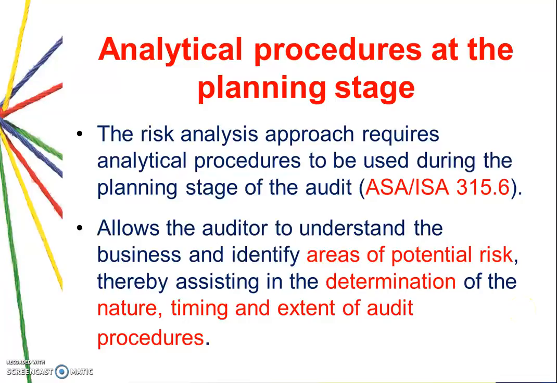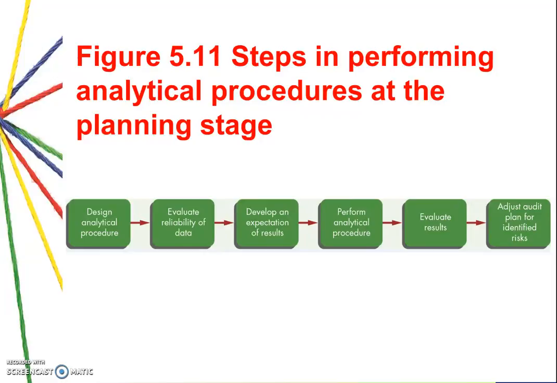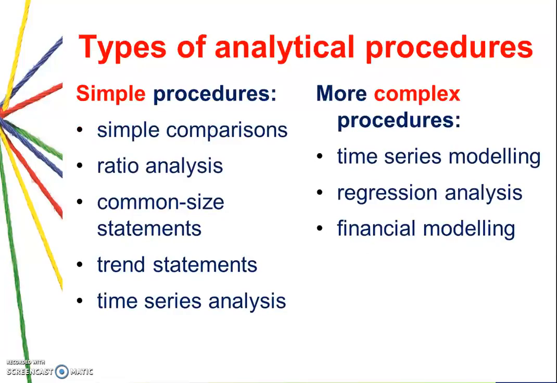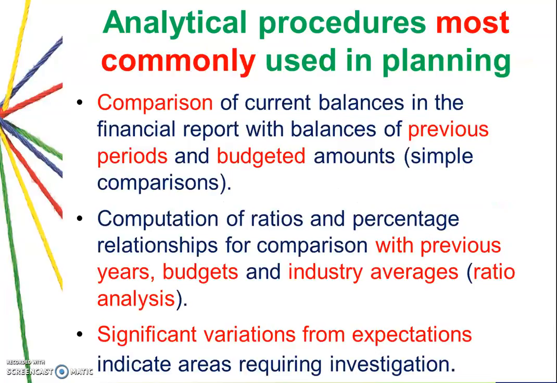Right, so we can see there are different steps in performing analytical procedures at the planning stage as shown in figure 5.11. Right, and there are different types of analytical procedures. Some are simple and some more complex. Some are most commonly used in planning, which I have already highlighted here.